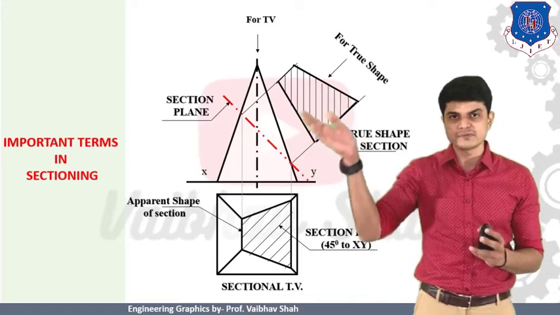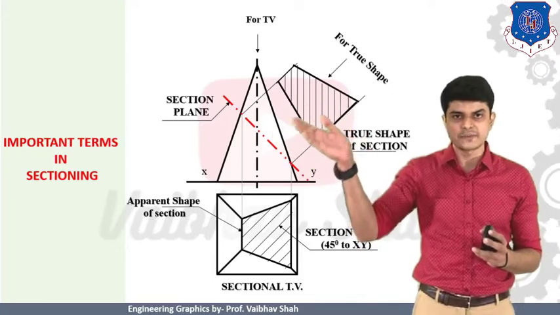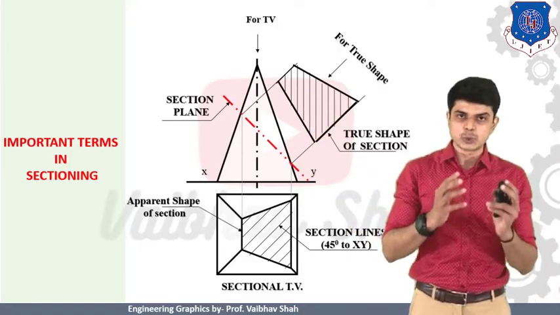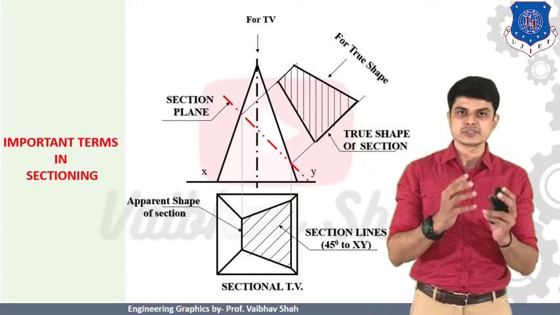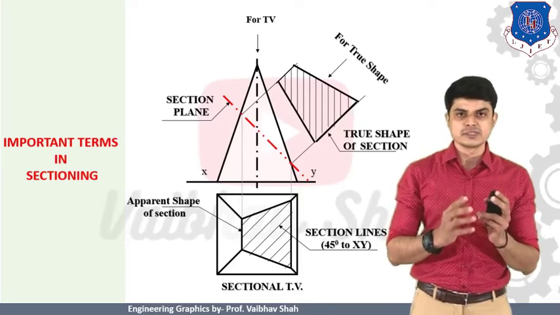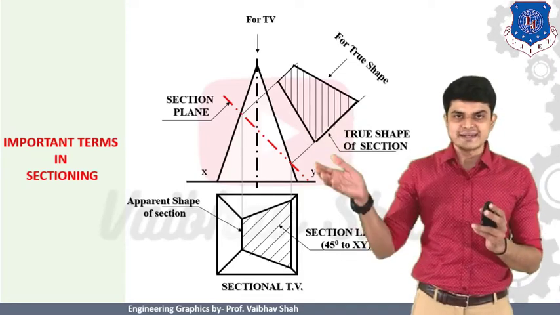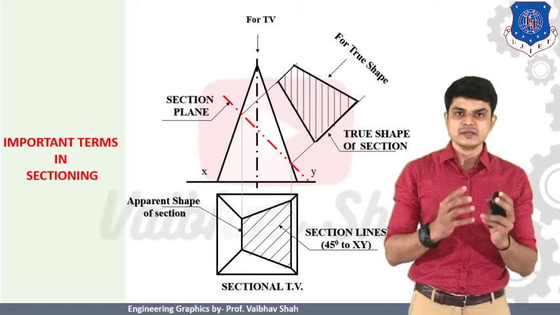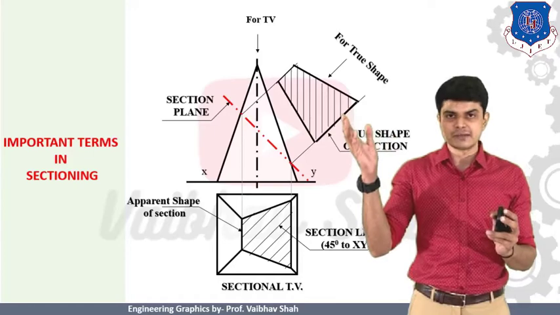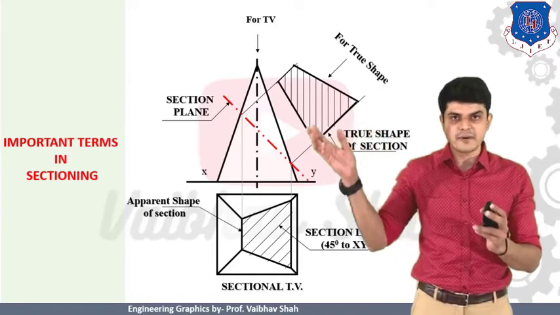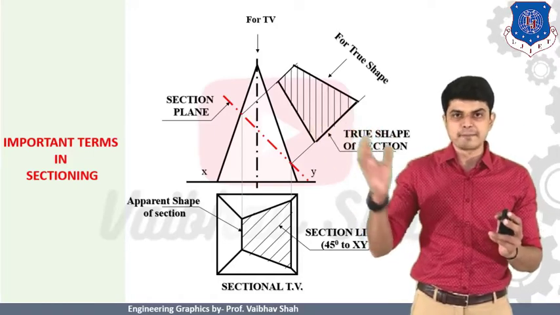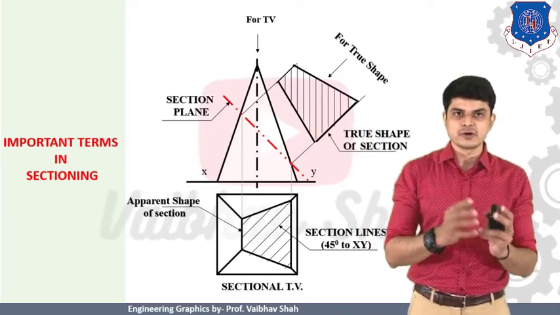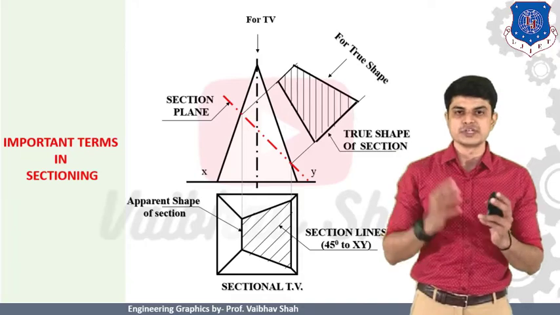When I observe the object from the perpendicular direction of the cutting plane, then I can have a true shape of section generated on the solid. So let us observe this object from the 90-degree direction to your cutting plane in order to have the true shape of section generated. This is the shape which is actually generated at the top surface of your square pyramid, which is known as the true shape of section, or usually just the true shape.